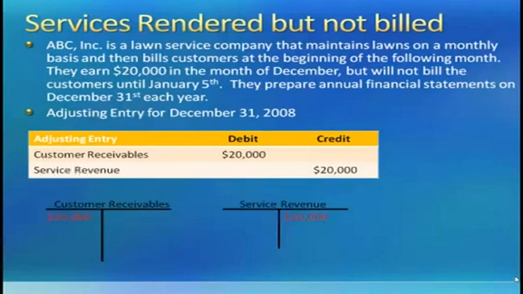By doing this adjusting entry, you actually do record the service revenue in the month of December, which means that any expenses that you're recording throughout the month of December will be matched appropriately with the service revenue. So these two examples are common examples of the types of things that would require an adjusting entry to accrue uncollected revenues.